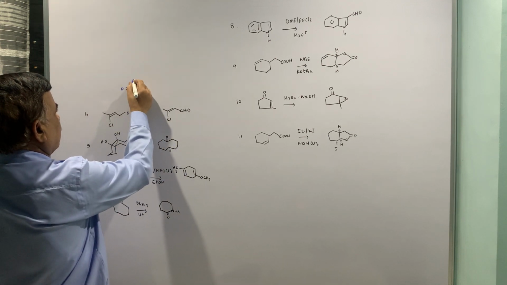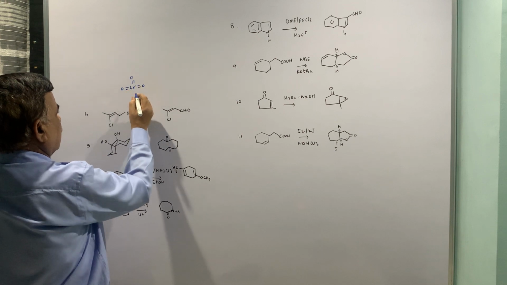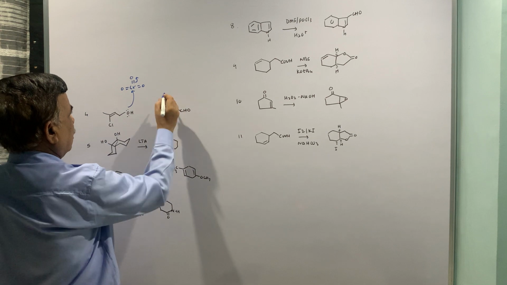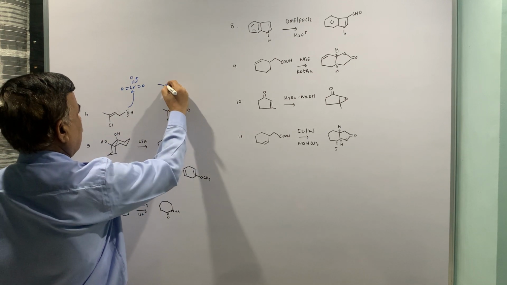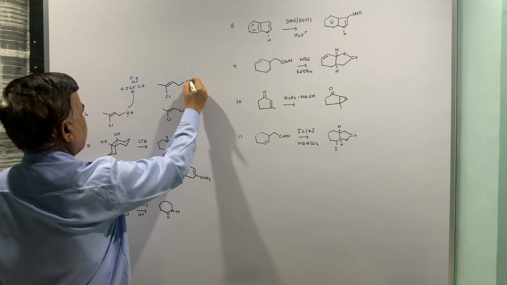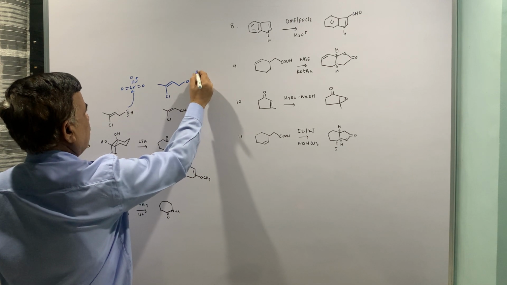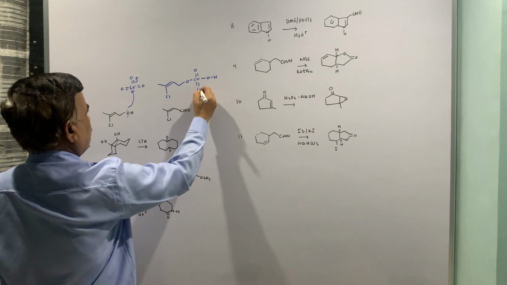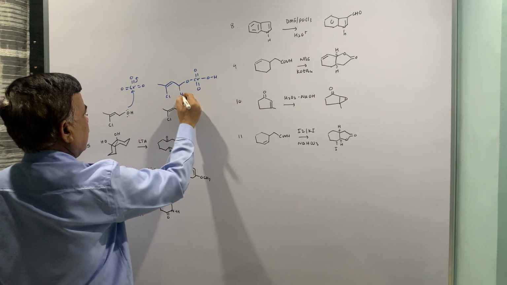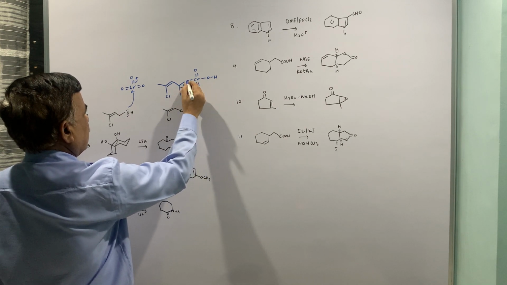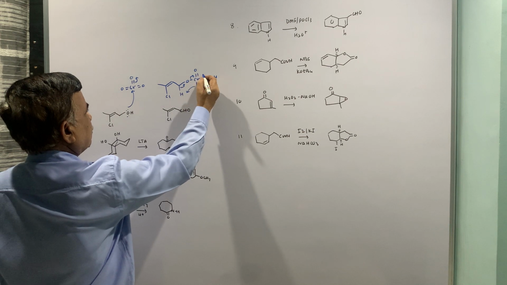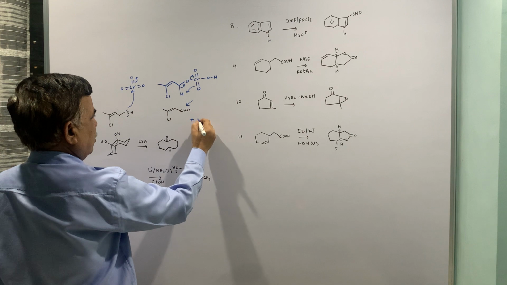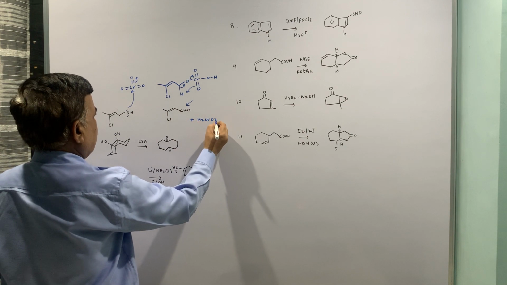CrO3, Cl, which is not taking part in the reaction, O Cr double bond O, OH double bond O, and then finally this becomes this compound and H2CrO3.